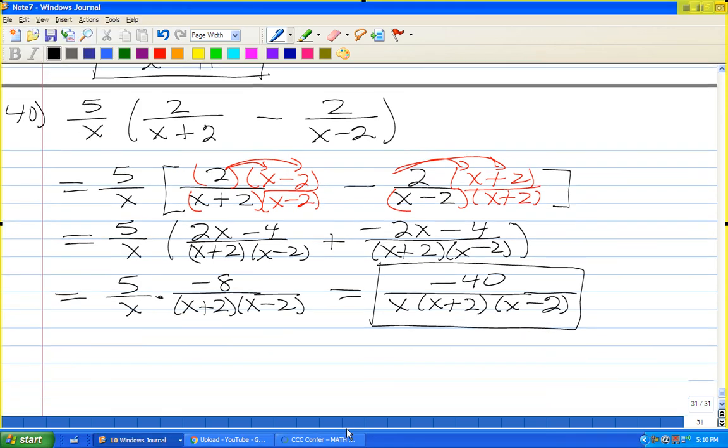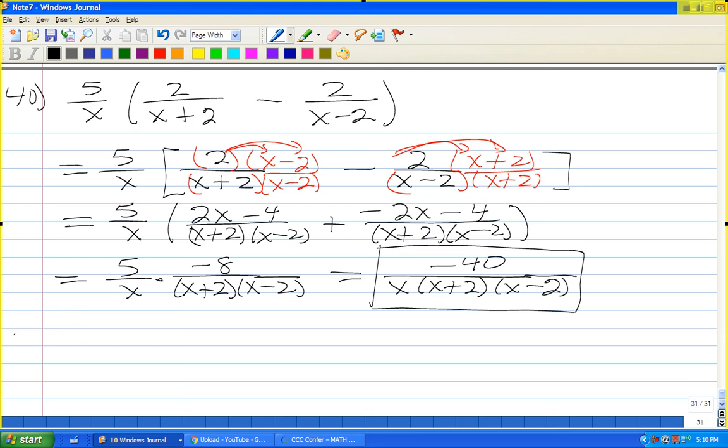Okay, let me do problem number 41. Solve the equation 1 over x plus 4 minus 7 over x minus 4 equals 4 over x squared minus 16.